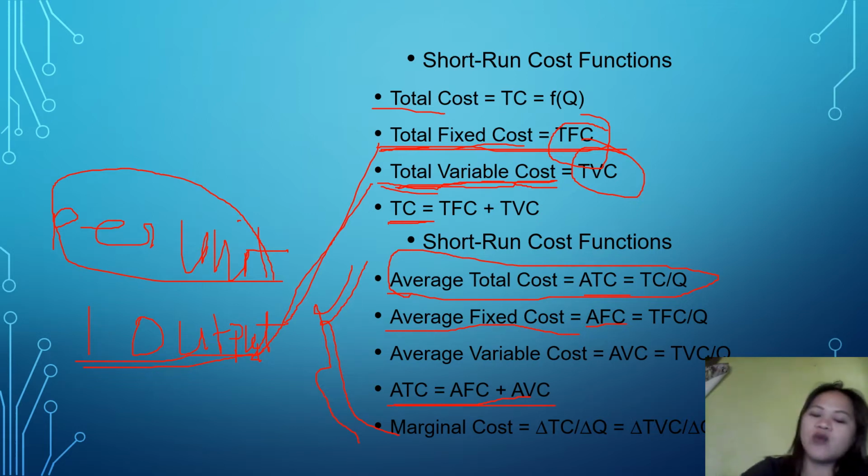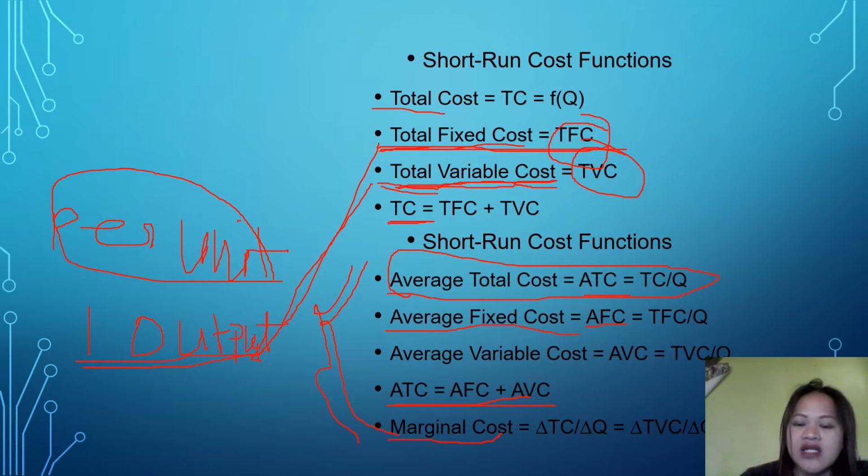Now, on the other hand, we have the marginal cost. Okay, a marginal cost is one basis when it comes to deciding if adding one output benefits us more or actually gives us more cost.